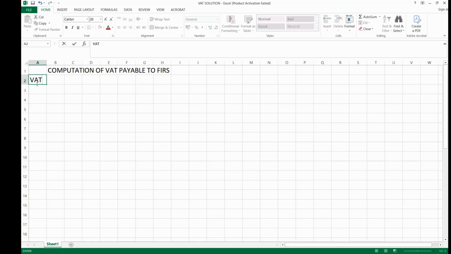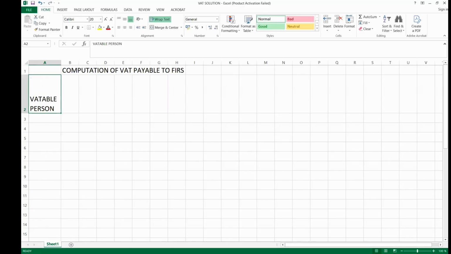Then we have a vatable person. After the vatable person, we have the sales price. Then we have the output VAT. Then we have the input VAT.